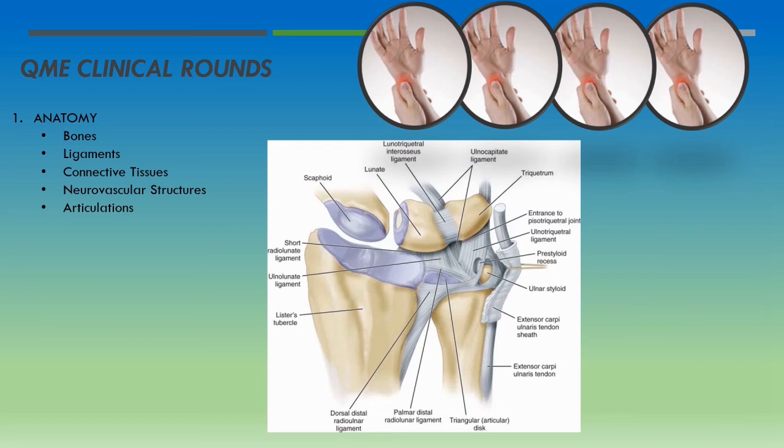Okay, so now let's take a close-up look at the distal aspect of the radius and the ulna at the distal radial ulnar joint and take a look at some of the articulations at the distal radial ulnar joint and the proximal row of carpal bones. So here we have the distal radius, here we have the distal ulna, and remember that each of the ends of these long bones are covered in articular hyaline cartilage.